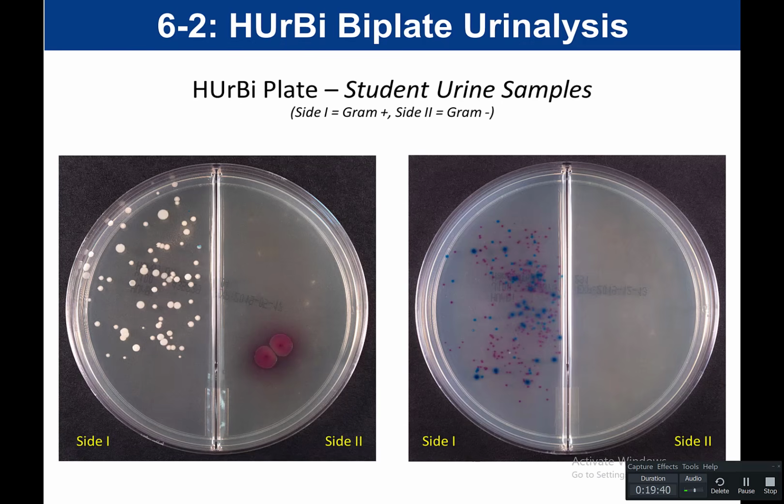Again, these are just some more. But either I will tell you the exact number of colonies on that plate, or it will be very obvious if it is between 10 and 100, or if it's less than 10 or more than 100. So you're not going to be asked to sit there during the exam and count these colonies.